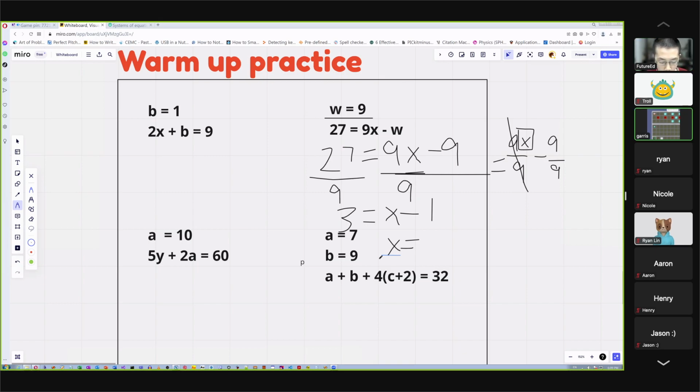Oh, no. Does that mean it's 4? Why is it 4? Can you give me your thought process? So how do we get from x minus 1 to just x?